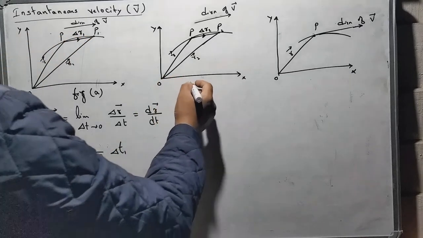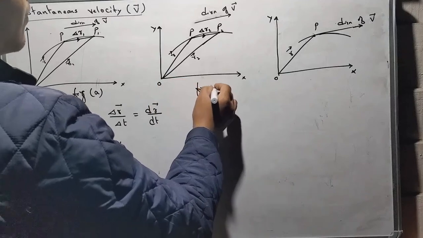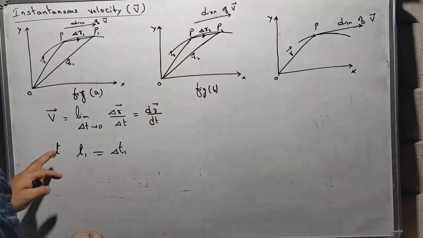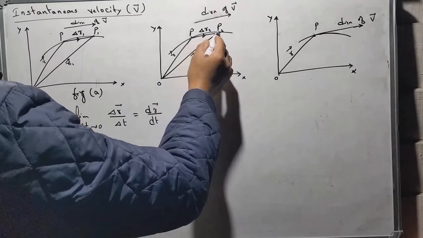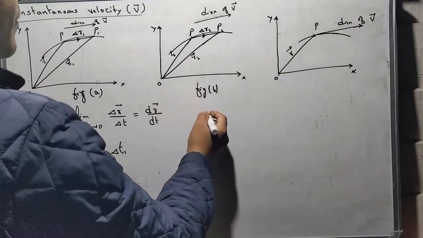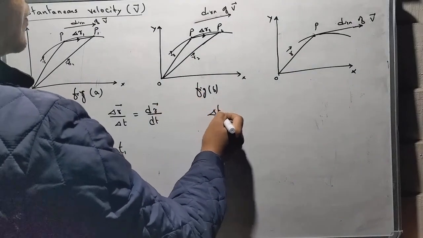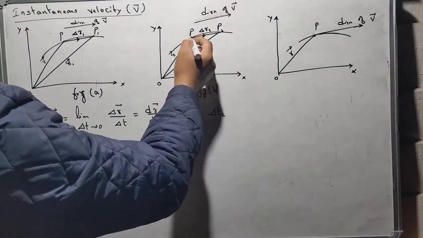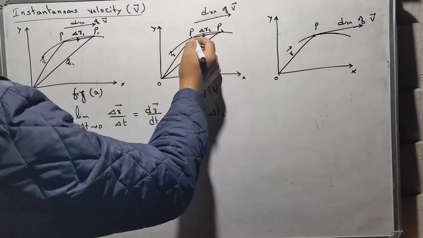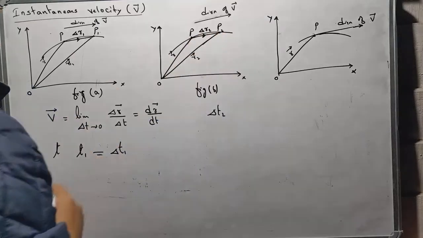Now coming to figure B, the particle is at a point P when the time is small t, and at a point P2 when the time is T2. So in time interval delta T2, the particle changes its position from P to P2 and covers a displacement delta R2.